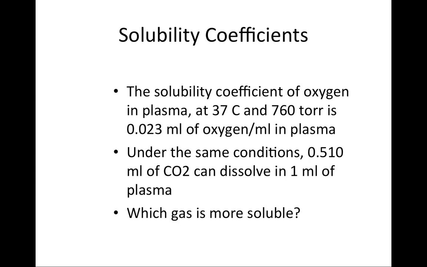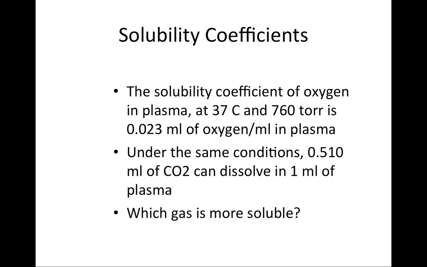So when we're doing these calculations, that's primarily where we start. 760 torr, again, is sea level, which most textbooks use to write these equations, and that does reflect a standard measurement.